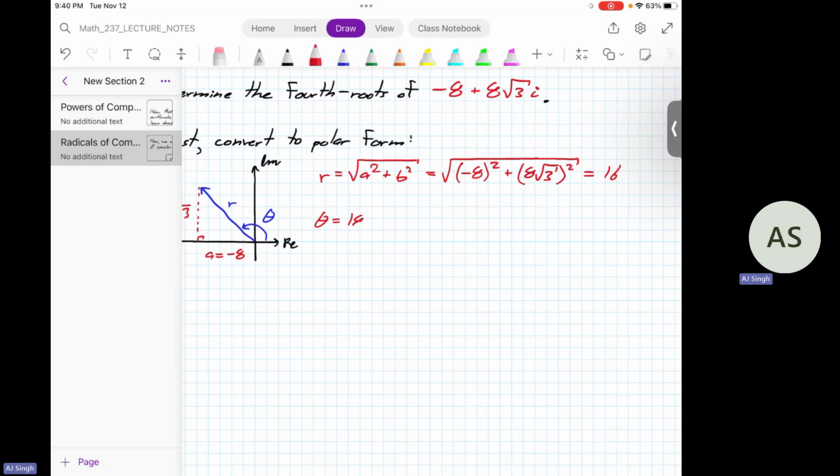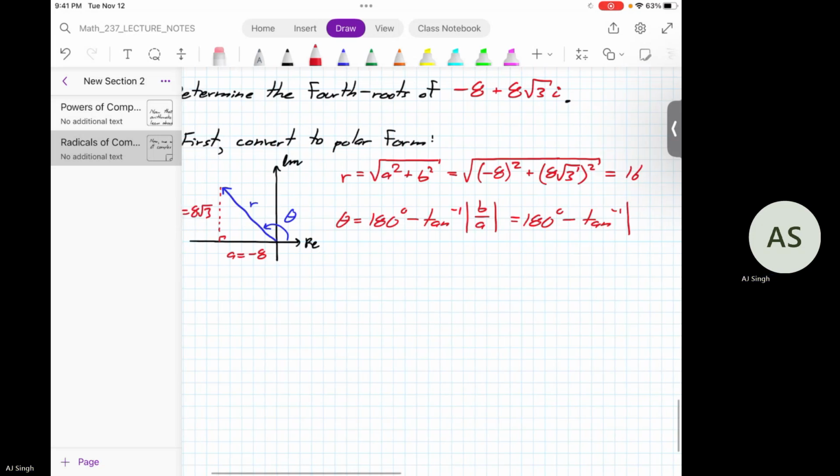Theta equals 180 minus the reference angle, which is tan inverse b over a. So 180 degrees minus tan inverse opposite over adjacent. The absolute values, just get rid of the negative sign. The 8s cancel out. Tan inverse of root 3 happens to be 60 degrees. You can use a calculator for that. It'll give it to you exactly, just because root 3 is a number on the unit circle.